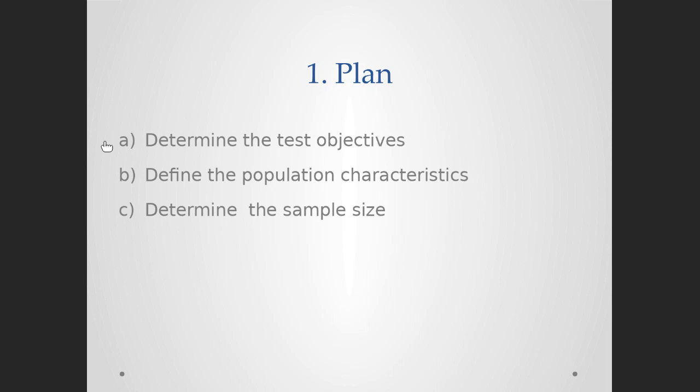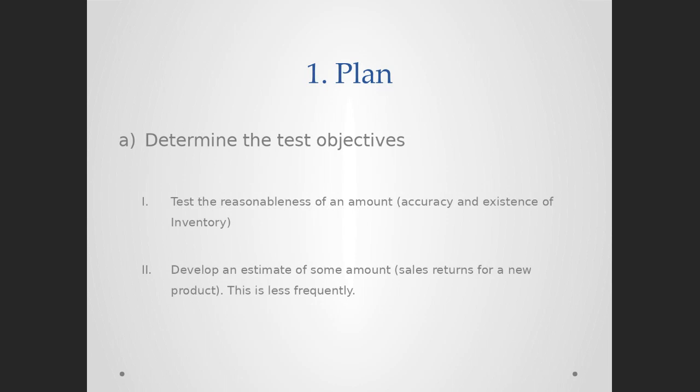Part of the planning are these 3 activities: determining the test objectives, defining the population characteristics, and determining the sample size. So let's talk about the first activity in the planning: determining the test objectives.